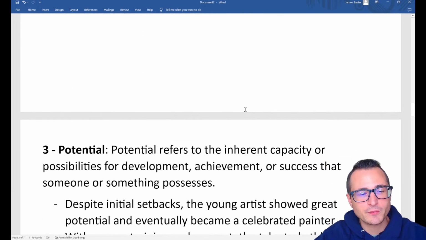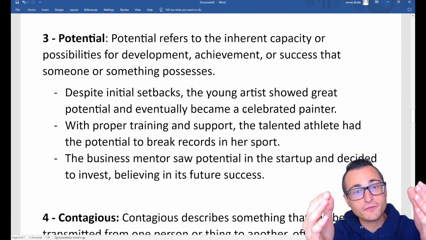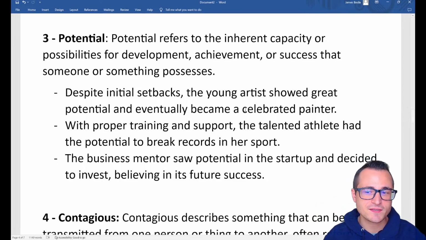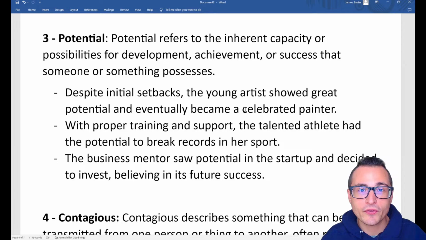Third vocabulary word, potential. If you know what this word means, please make a sentence in the comments with potential. What does potential mean?